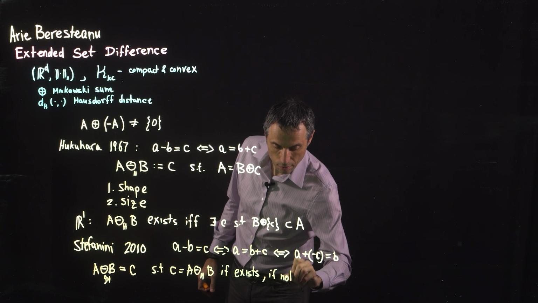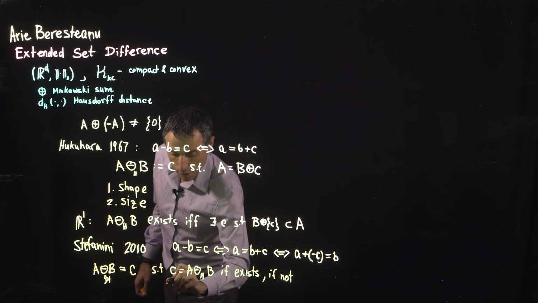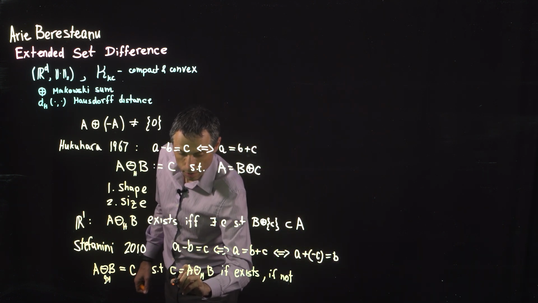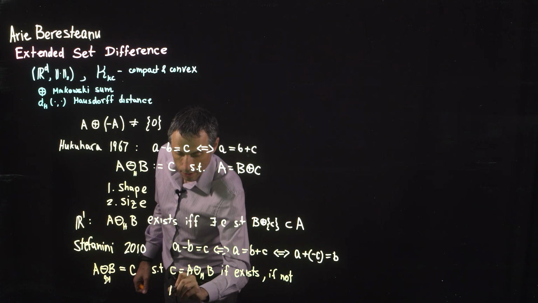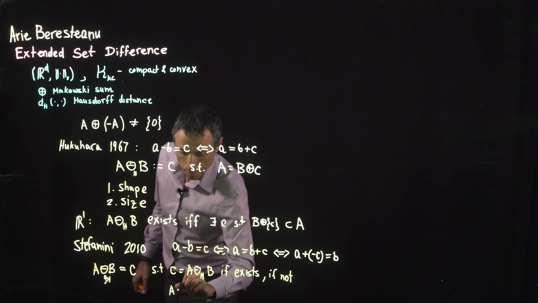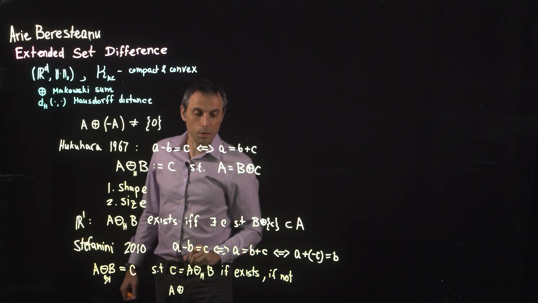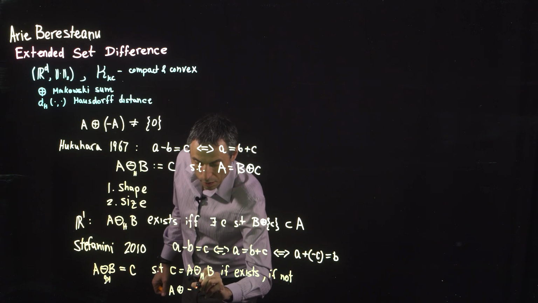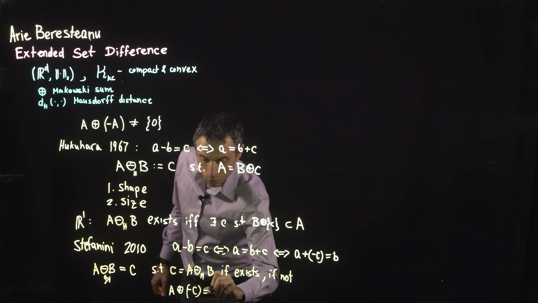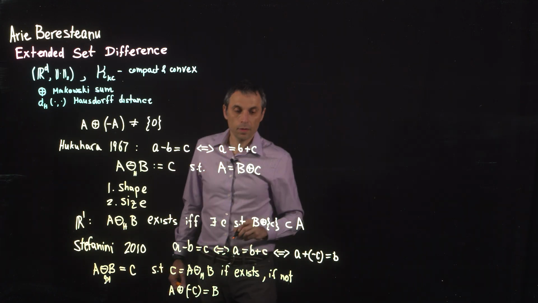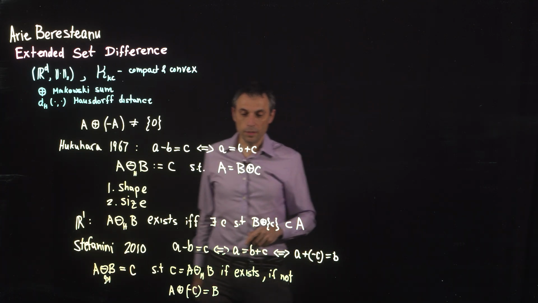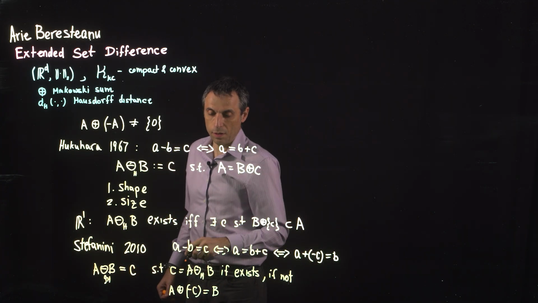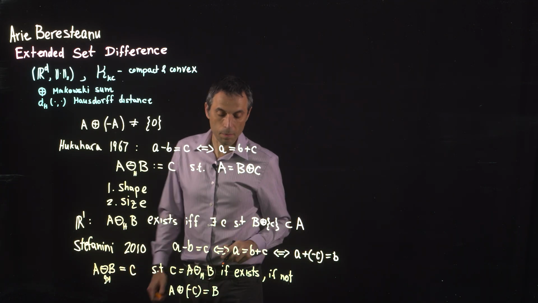If not, then C is such that A plus, and again that's the Minkowski plus, minus C is equal to B. So the C is this set that satisfies this.